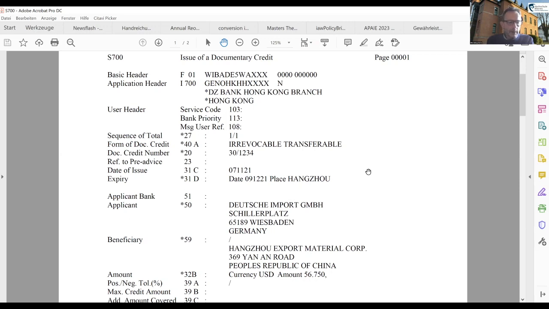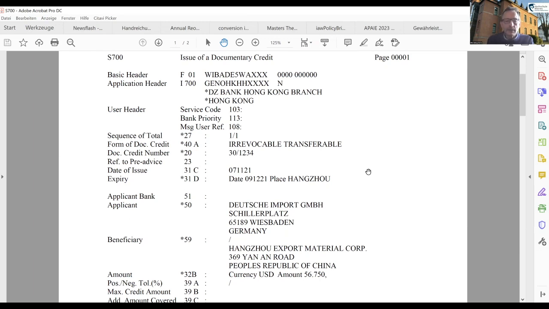If a party wants to import, then the problem is that the importer does not want to pay in advance. Why not? He will not know if the seller of the goods will really send the goods.